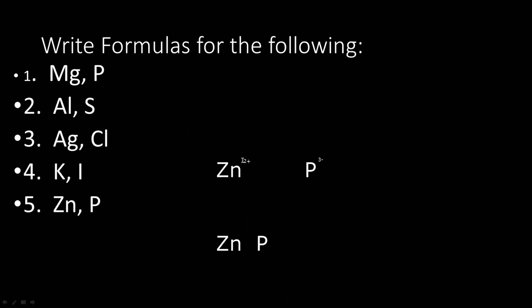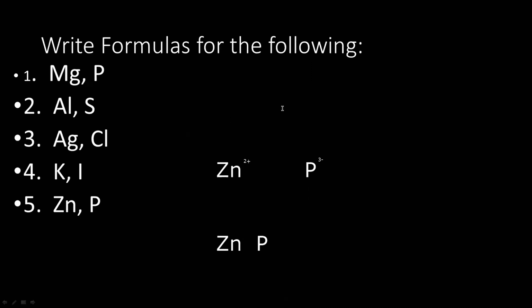Now, to get these charges equal, if I've got zinc and phosphorus and I want them to balance out, how could I make 2+ and 3 minus equal 0? If I do that, now I'm at 1 minus. If I get a second zinc, then I'm at 1+. Then I get another phosphorus and I'm at 2 minus.